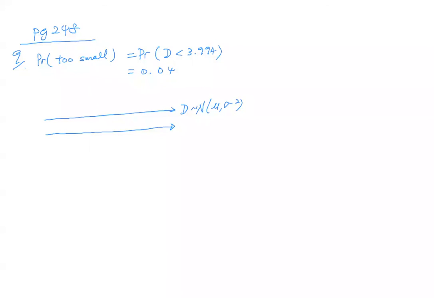Okay, so I change to z-score. So now 3.994 is here. So I have to find the equivalent Z1. You find your Z1 by using inverse norm.